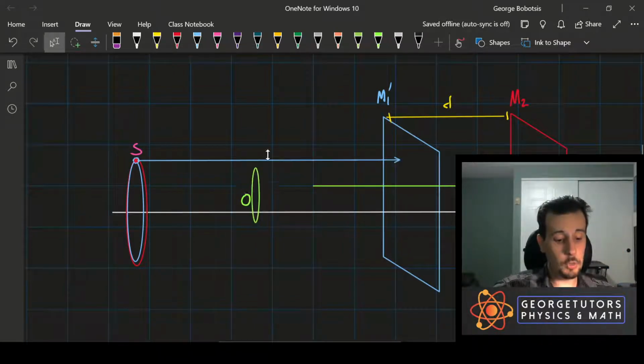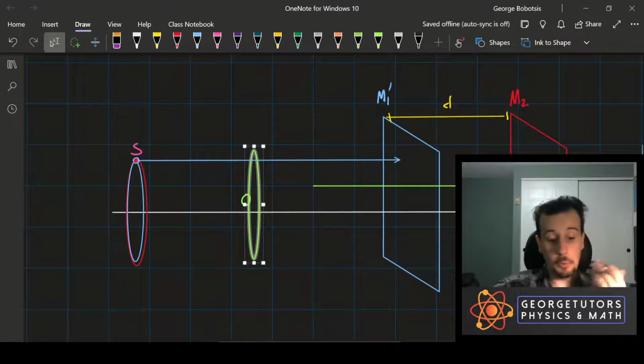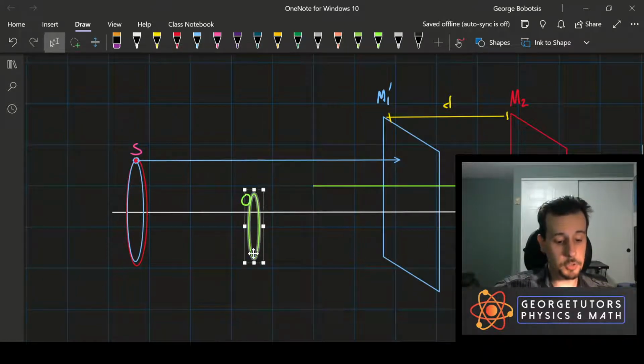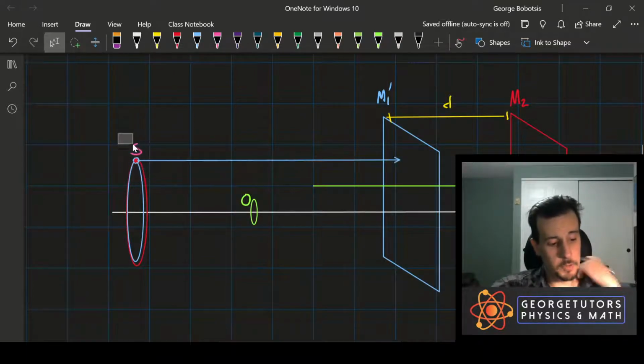Of course, the more I open up my eyepiece, the more I make the field of view available to me, and in this case it would actually catch this. But the eyepiece is pretty small in this experiment, so size-wise it would look something like this. So I'm not going to catch a ray that looks like this coming from S over there.